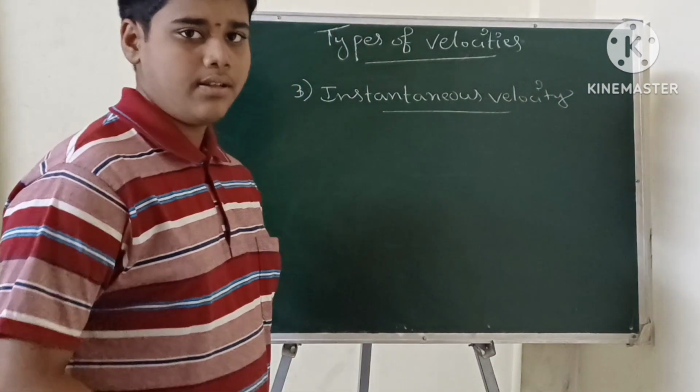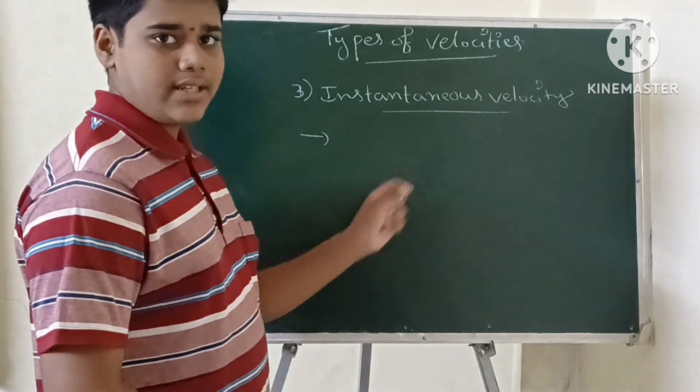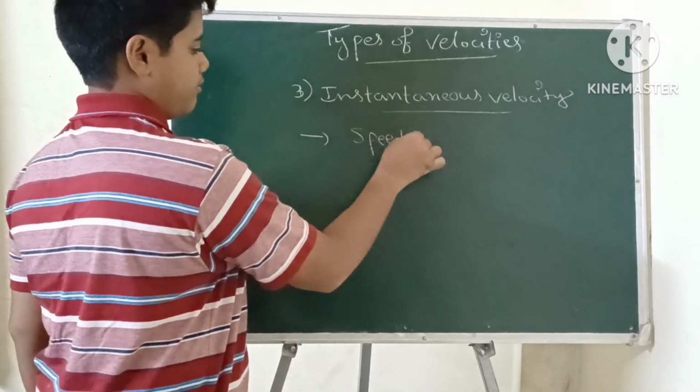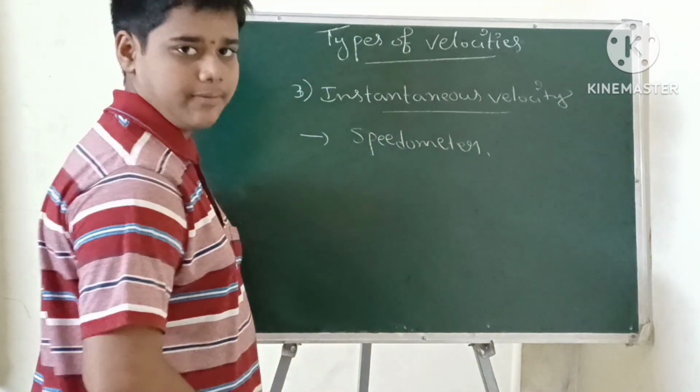Instantaneous velocity. Here, for measuring instantaneous velocity, one of the devices is the speedometer. Okay.